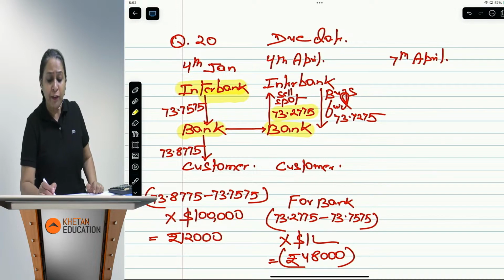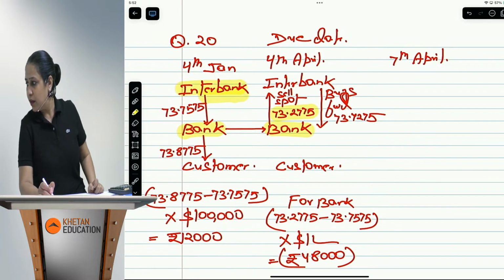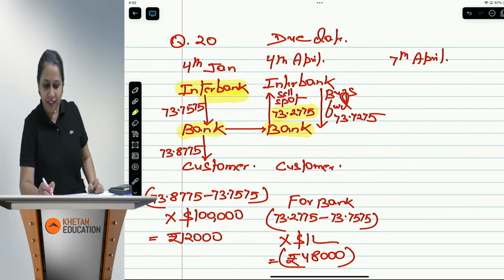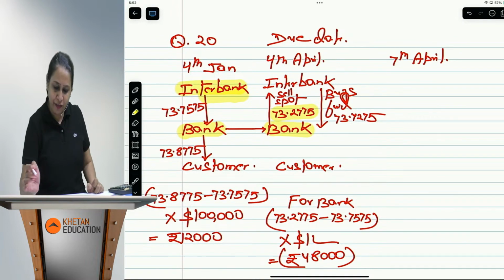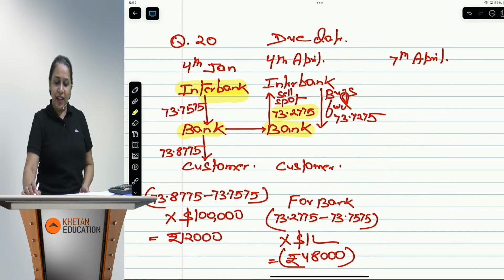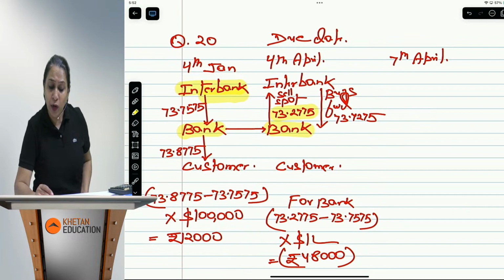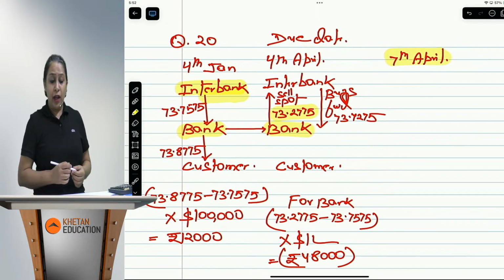It will buy forward the same amount at the rate of 73.4275. Now, the bank will wait up to 7th of April. Please be careful. The bank will wait up to 7th of April. Now, can you tell me what will happen?